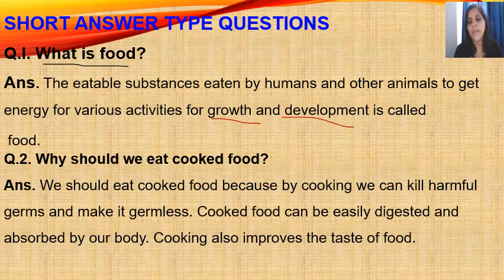When we eat raw food, it takes a longer time to digest, but cooked food we can easily digest. And the third reason is that cooking improves the taste of food. The taste of the food changes when we cook it.